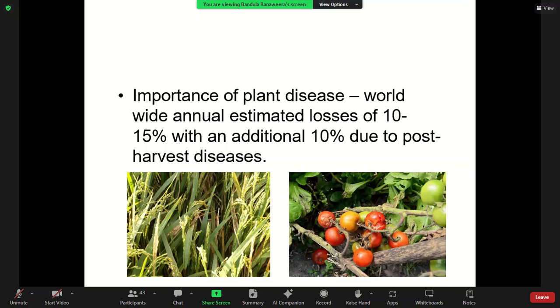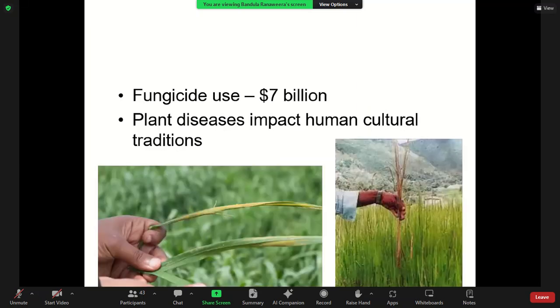Then, in order to prevent the yield loss, we are having some expenditures. Now, worldwide, there are around $7 billion spent in management of the diseases. Maybe these amounts will be more than the 7 billion in certain years, because sometimes due to various reasons, the diseases are causing severe problems.